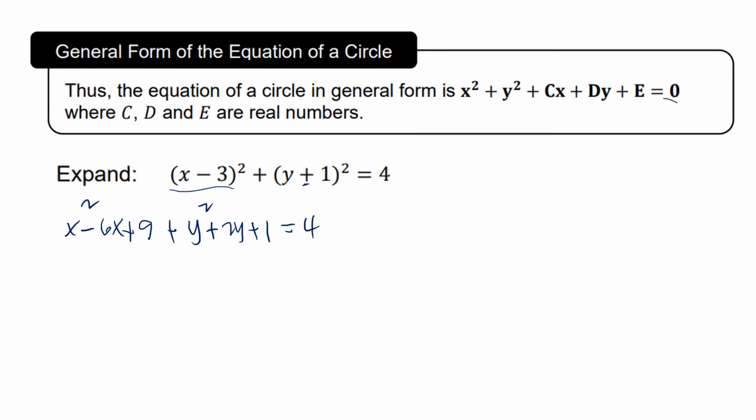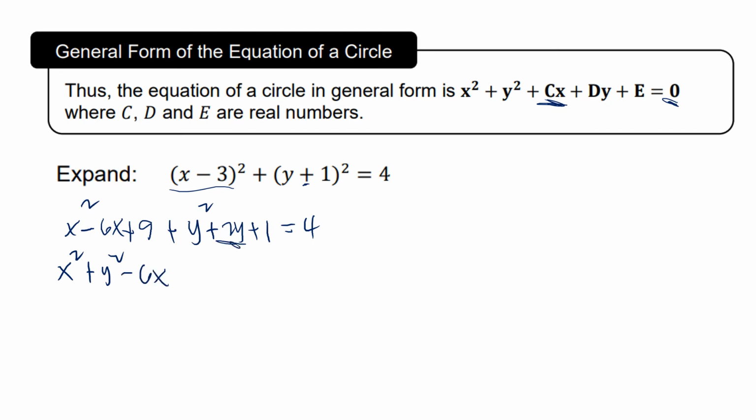But you need to make the right part of the equation 0. So ita-transform mo ito dito sa kabila. Here, magkatabi dapat ang x squared and y squared. So x squared plus y squared. Tapos nauna ang x. Okay, yung cx. So this will be negative 6x.